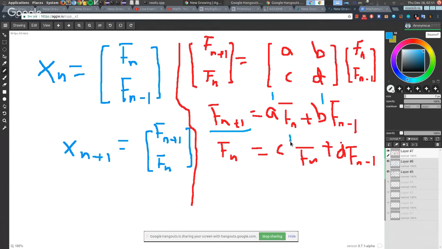And here we can put this as 1 and this is equal to 0. So we end up having basically this matrix. We call that matrix M.